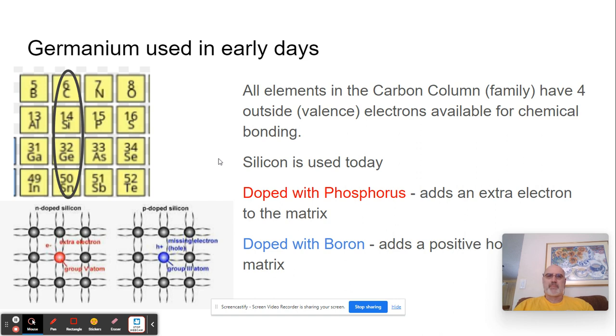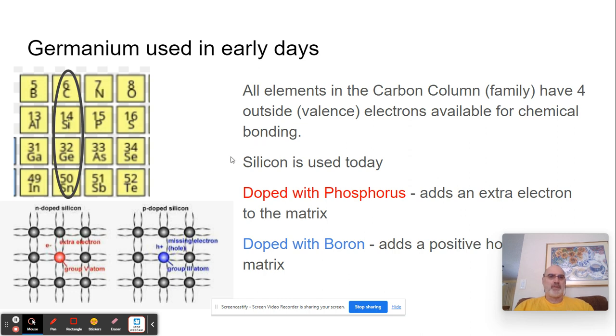As such, silicon by itself is not a very good conductor. When you put a bunch of silicon atoms together, they form a matrix, and all the bonds get filled from their partners in covalent bonding, and there's not a lot of extra electrons knocking around and flowing.